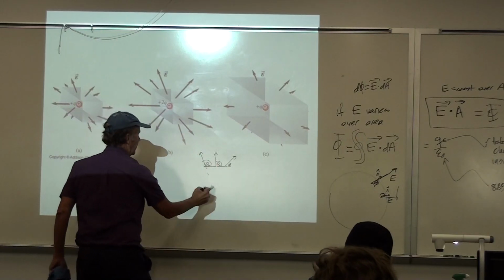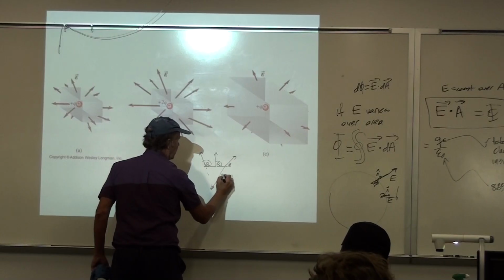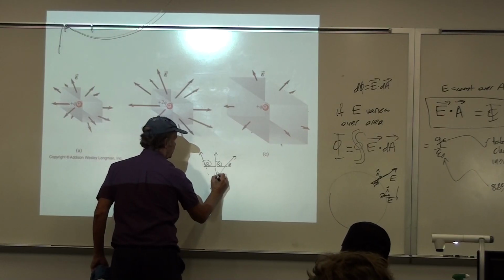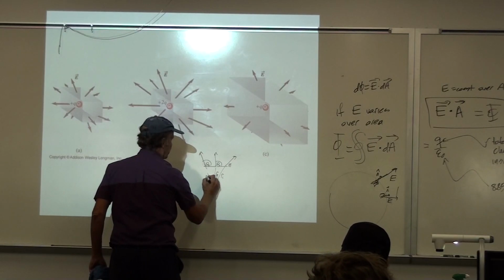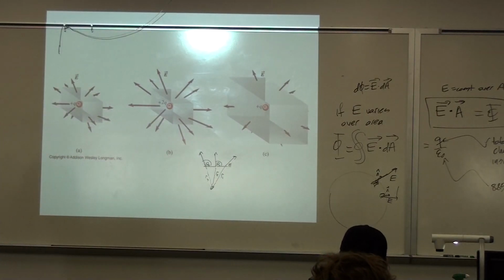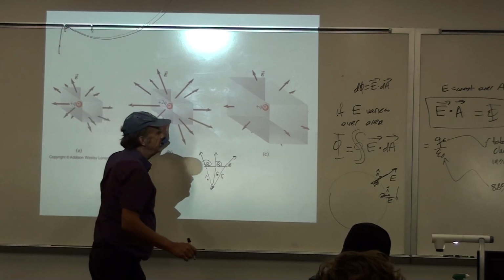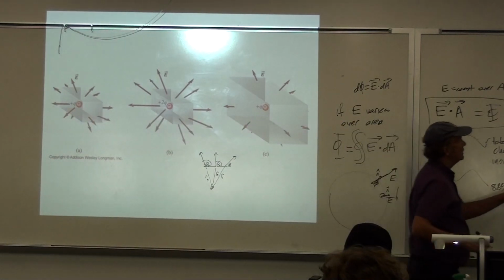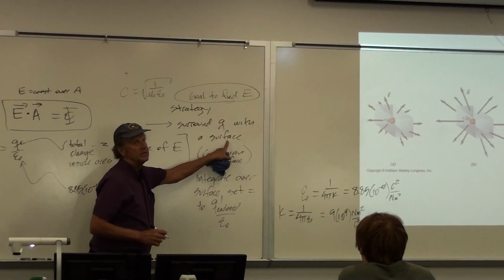That's a problem. Also, R1 is not the same as R2, and not in general the same as R3. So if we use a Cartesian integration coordinate system, it's just not natural for the electric field patterns the way that they exist here. Although this is following the strategy, it's a dumb surface.